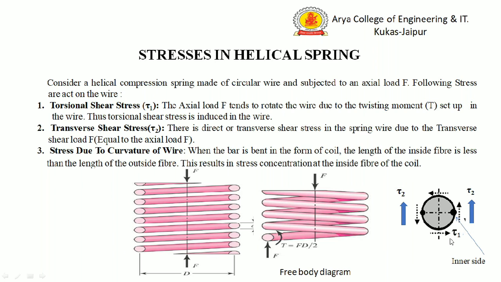So these two stresses, torsional shear stress tau 1 and transverse shear stress tau 2, are the major stresses in the spring wire. Third is the stress due to the curvature of the wire.